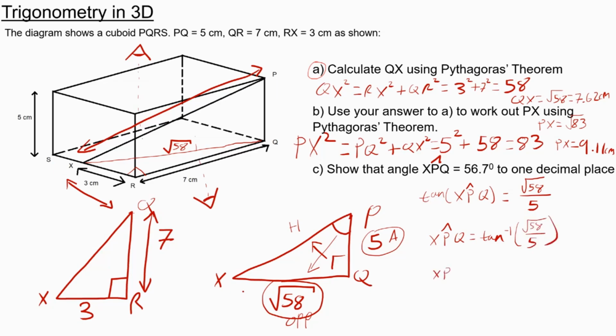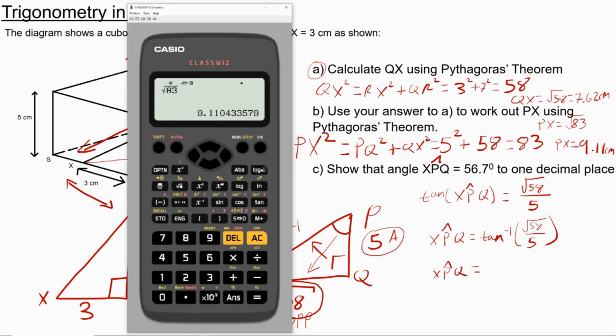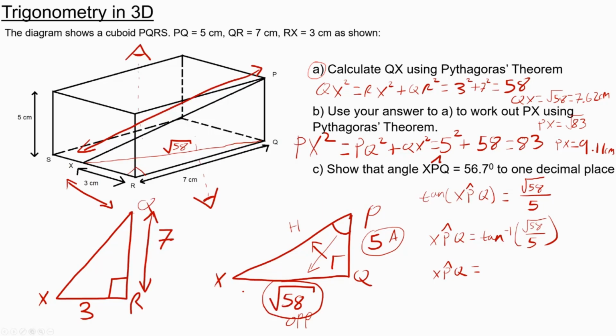And we can work that out using a calculator, making sure that we're in degree mode, not radians. So I've got shift tan root 58 over 5, and that gives me 56.71. So to 1 decimal place, 56.7 degrees, which is what we wanted to show.